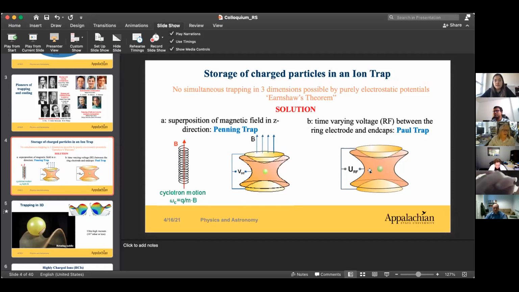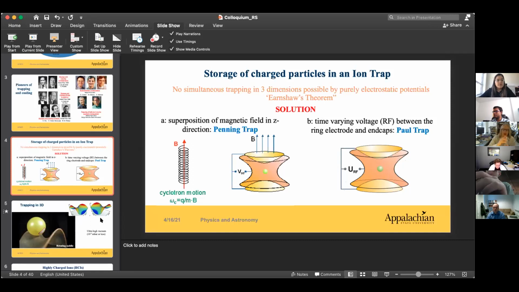Now there is another kind of trap called the Paul trap, or RF, meaning radio frequency. The idea here is that you apply not only the DC potential, but you provide an alternating potential between these 2 end caps and the middle electrode, which we call a ring electrode, which is this hyperbolic shape shown here.